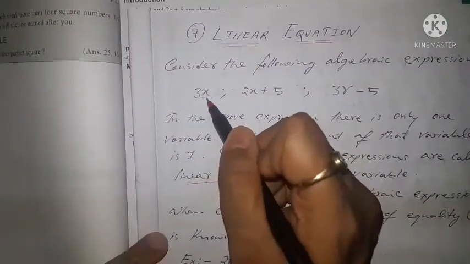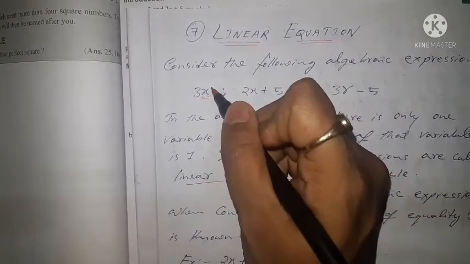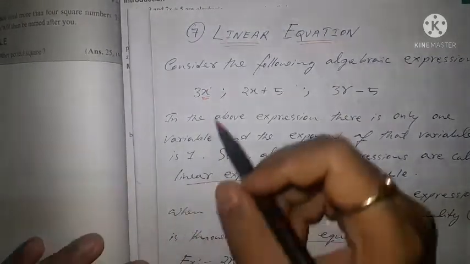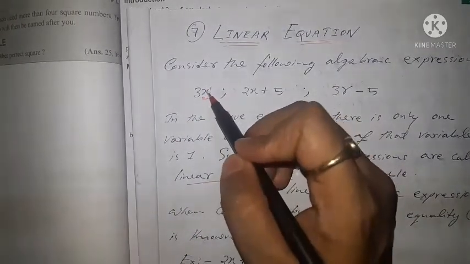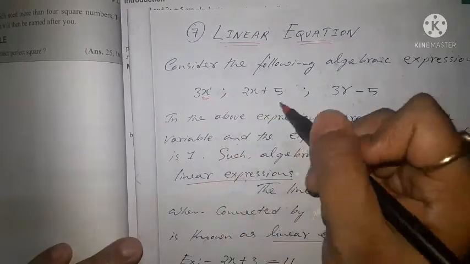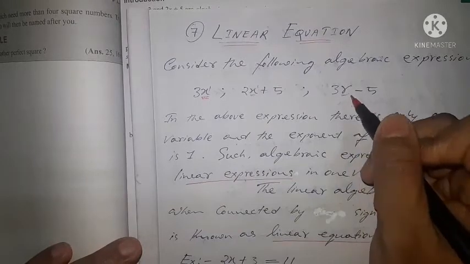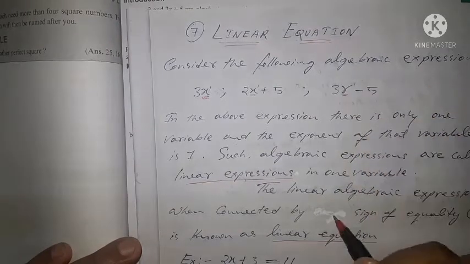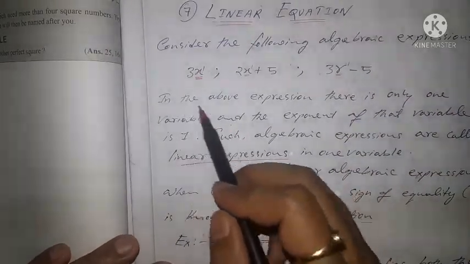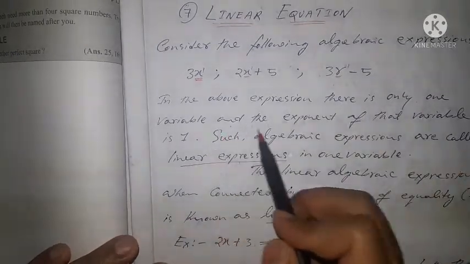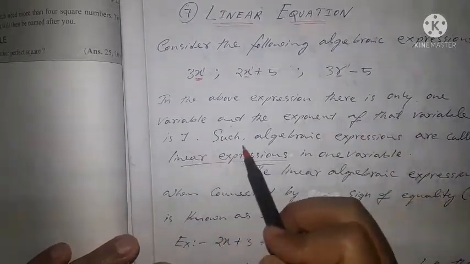Since we have not written anything here, the exponent of this x is 1. Here it is one variable, r, and the exponent of this r is 1.